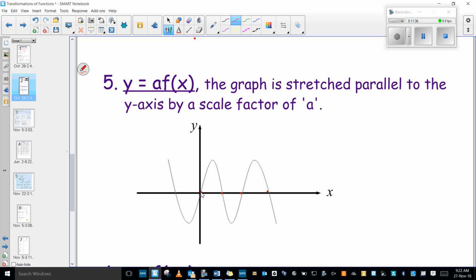So if we've got a scale factor a, if a is 2, so we've got 2f(x), it's going to be double the height. These points here are going to be the same when they go through 0, because 2 lots of 0 is 0. But whatever the value this was, we're going to double it. So this one's going to be up here, this one's going to be down here. So I know that my graph is going to do this.